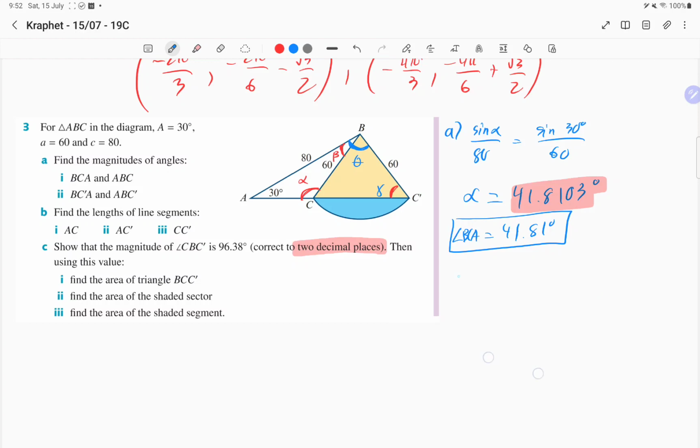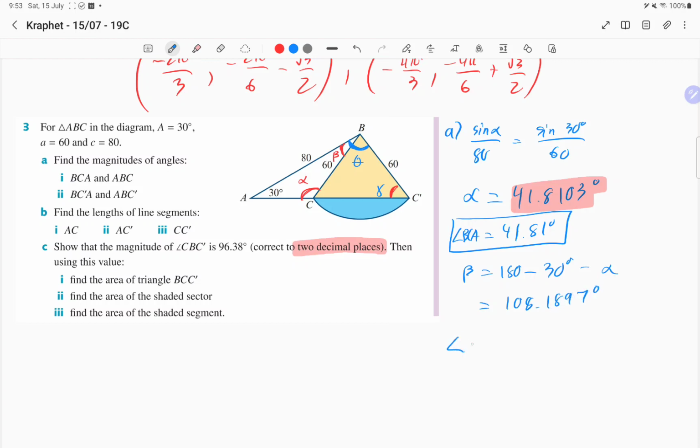Then the angle ABC, the angle beta, would be 180 minus 30 degrees minus alpha. Again, you don't really need to write this, just punch in the answer. So 180 minus 30 minus 41.8103, again using 4 decimal places, gives 108.1897 degrees.